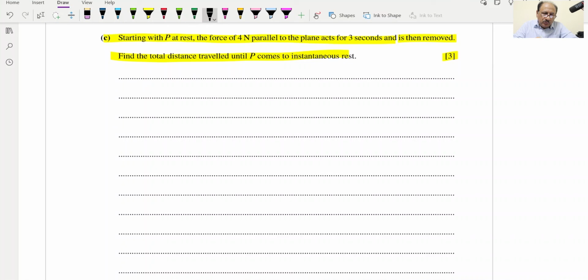It's starting from rest, so u is equal to 0, and acceleration we have calculated in the previous part. Acceleration is equal to 10 by 3 meter per second square, and t is equal to 3 seconds.